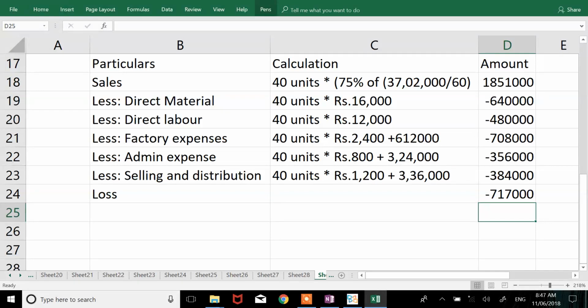Now, point number one, the company will report a loss of 9,30,000 if the operations were shut down. Full stop.